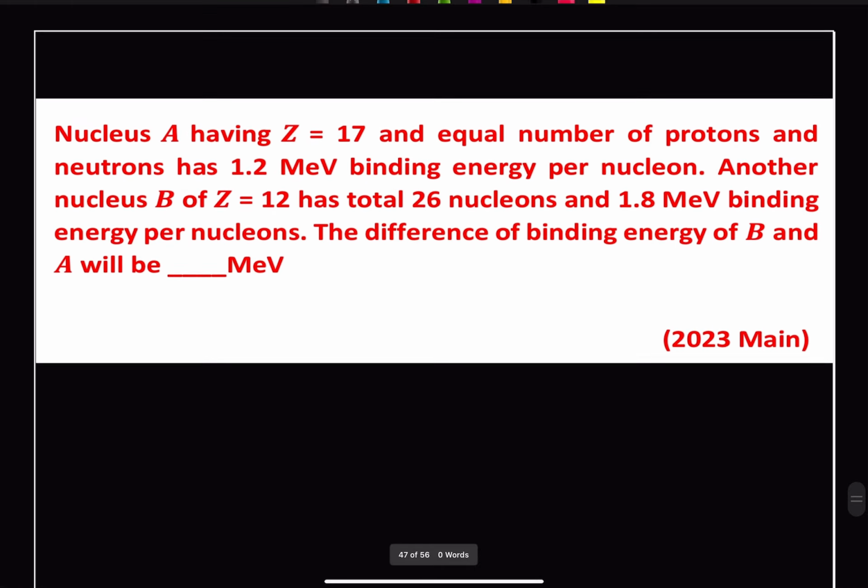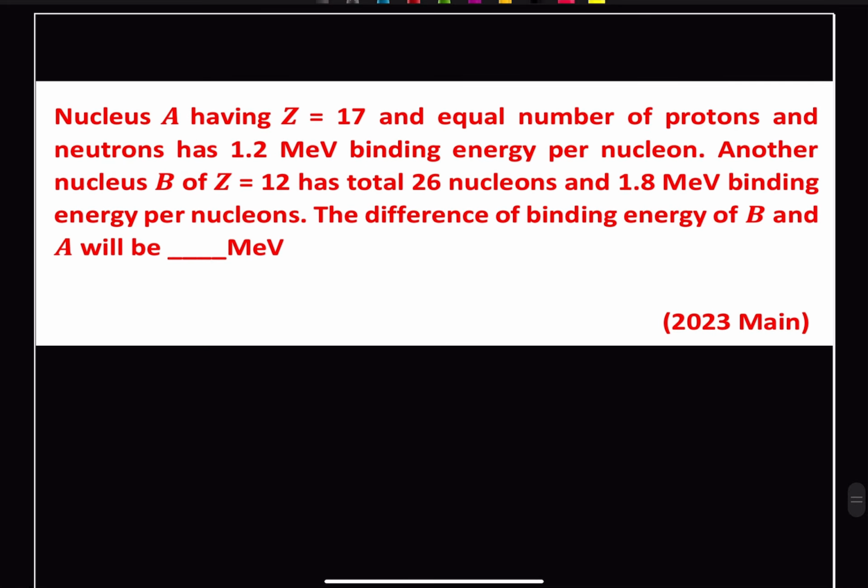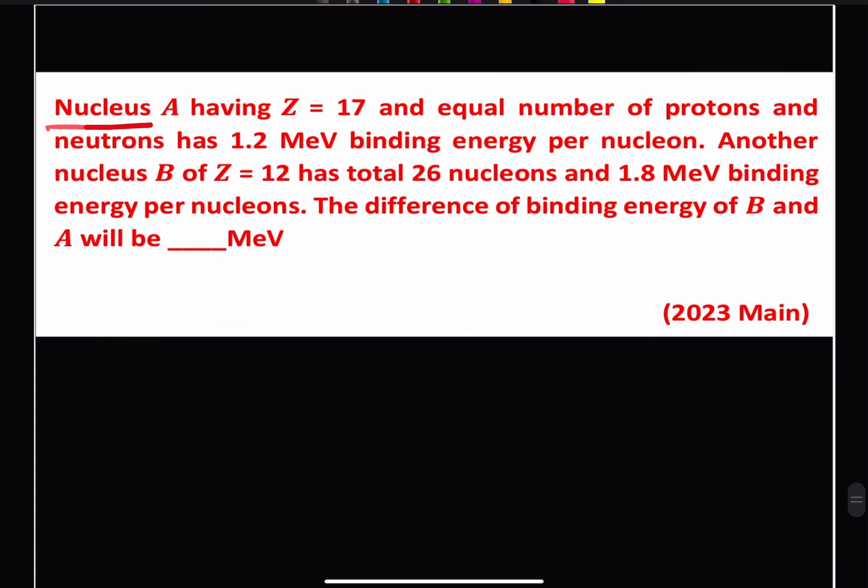Next question. It states that nucleus A having Z equals 17 and equal number of protons and neutrons has 1.2 mega electron volt binding energy per nucleon.